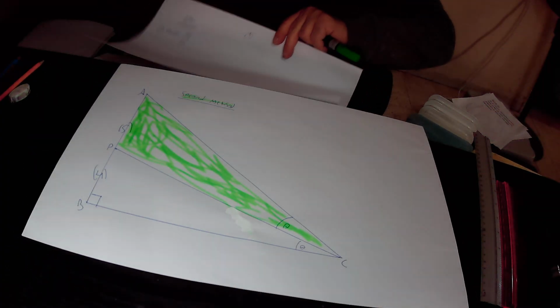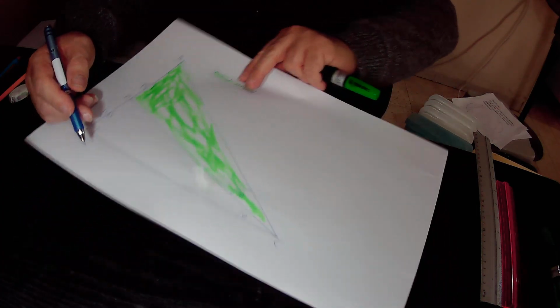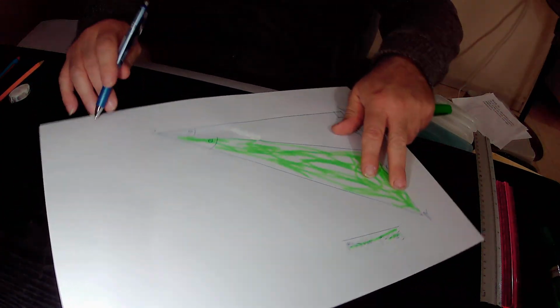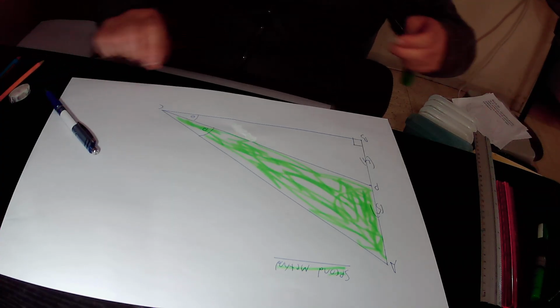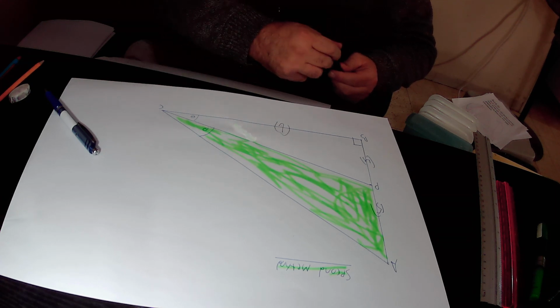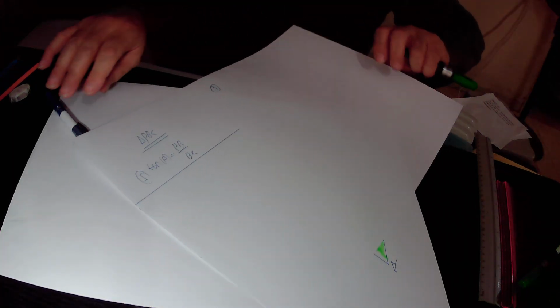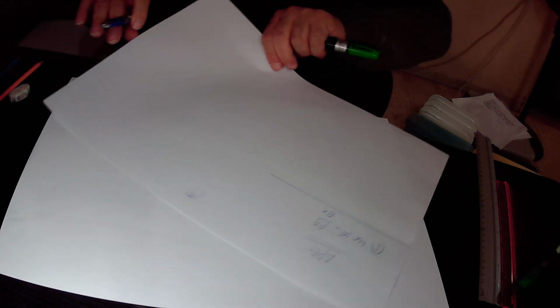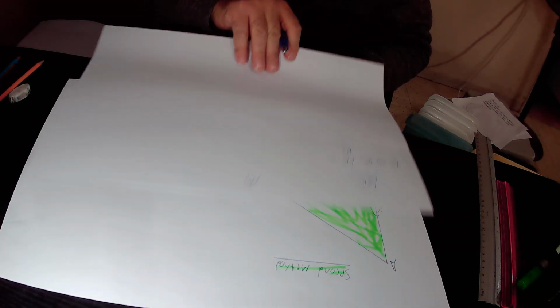In the white lower triangle PBC, tangent theta equals PB over BC. We define BC as B. And so we found out, let's call it equation 1, that tangent theta equals PB.